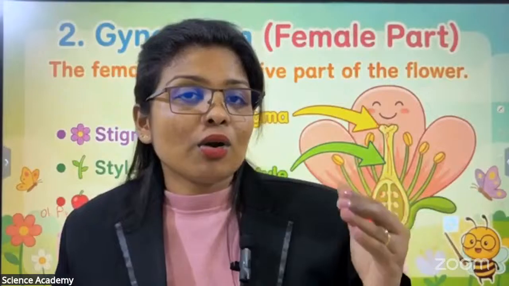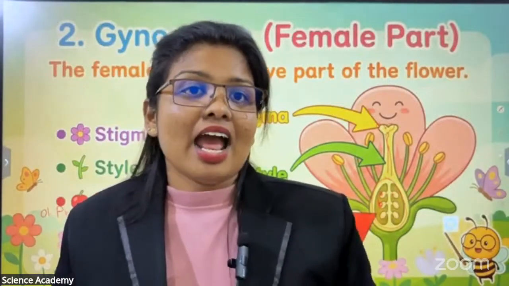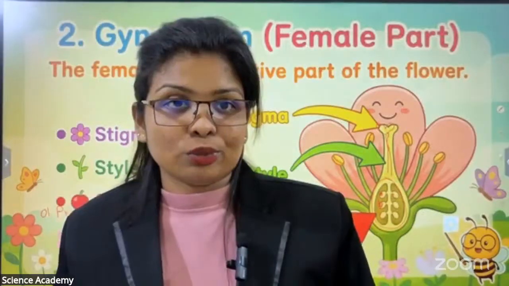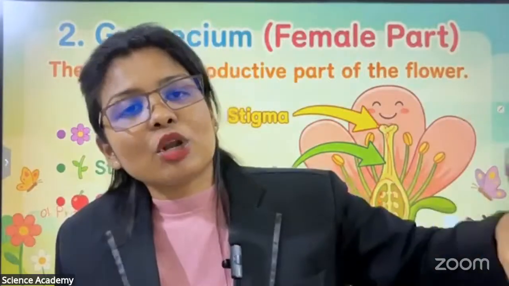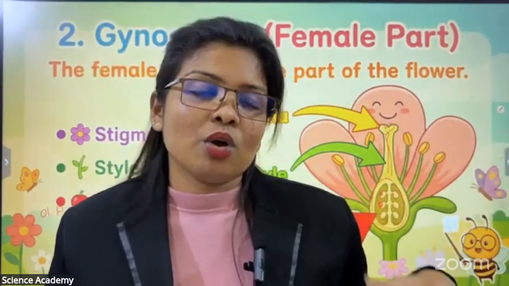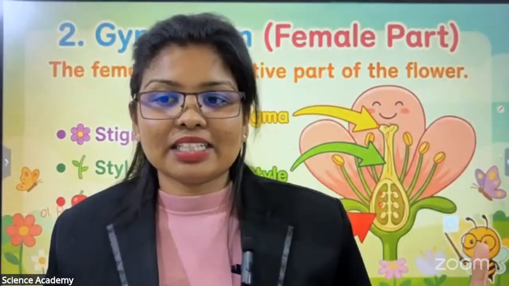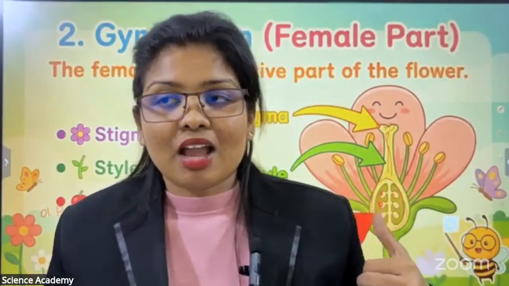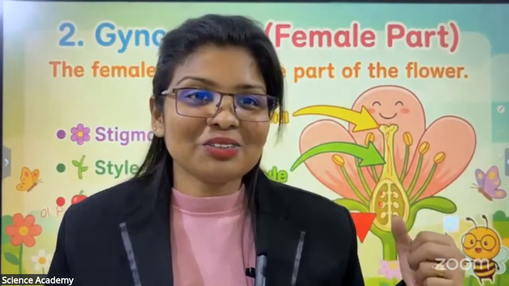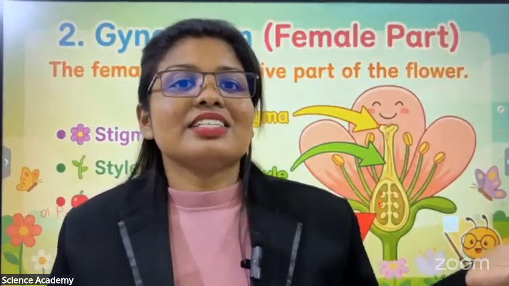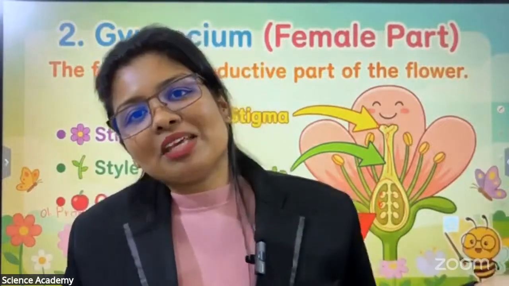According to the genes and according to their fertility, it depends whether they develop into fruit or not. Flowering plants that we maintain in our houses or home gardens have not developed to form fruits, according to their genes. Did you get that?